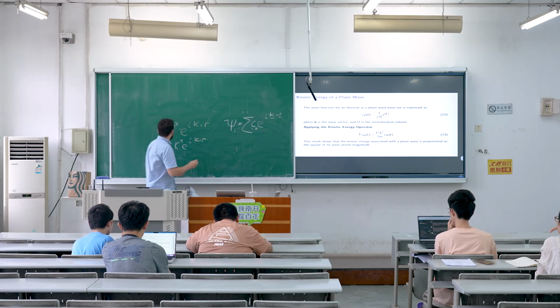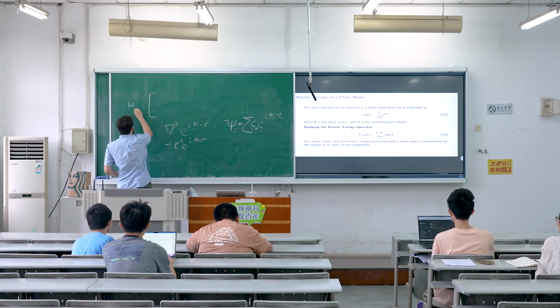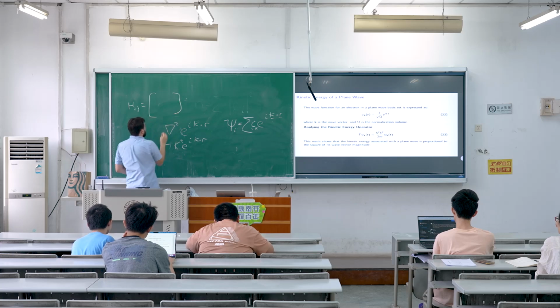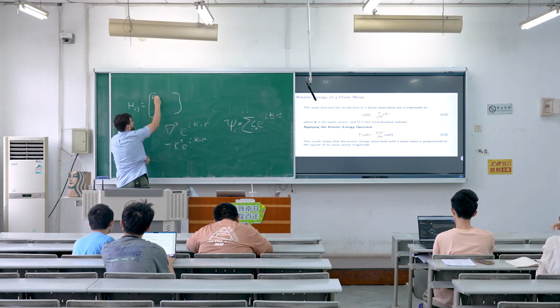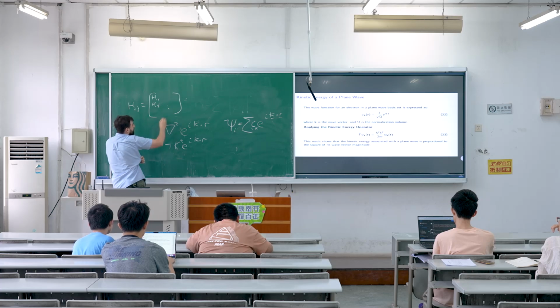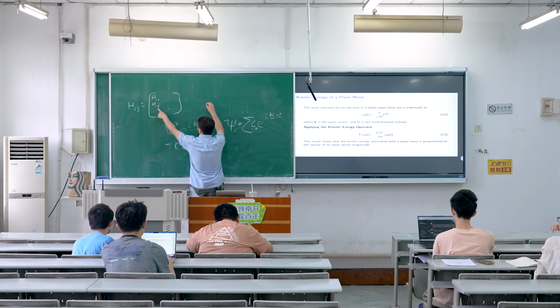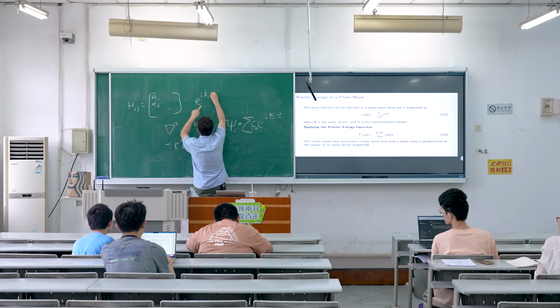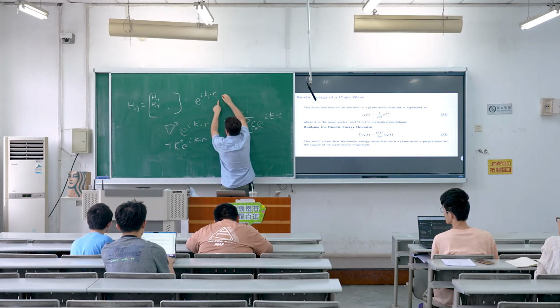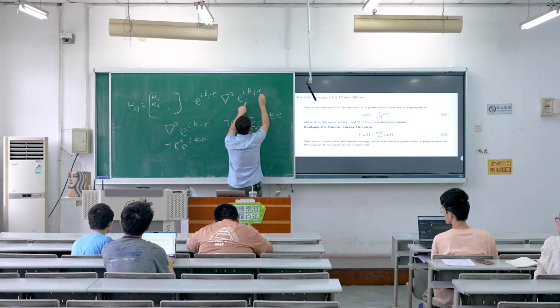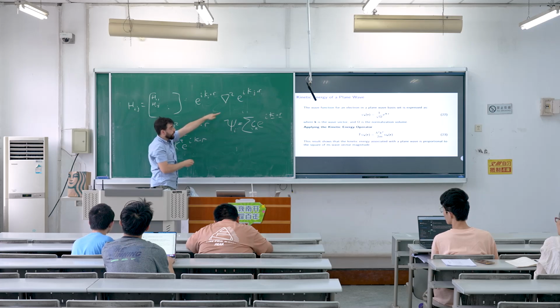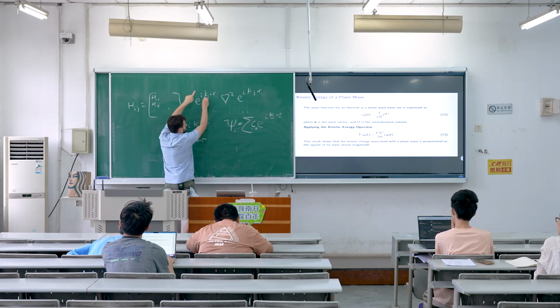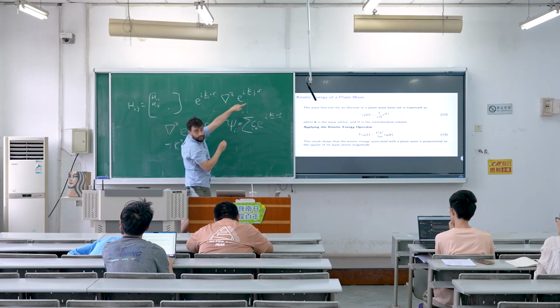One more thing. So remember, we wrote down the Hamiltonian matrix, H_ij, like this, and we've got H11, H12, etc. If you say one of those terms is going to be e to the i k_i dot r, because I've put an index on the k's, so I'm saying k_i and k_j.